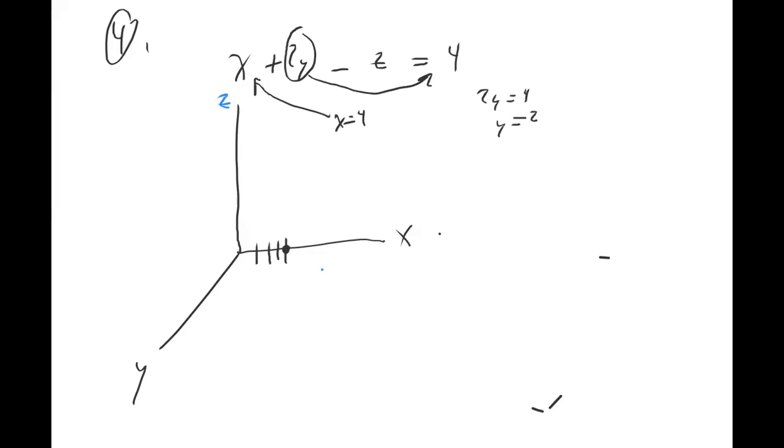So the y-intercept is 2. So 1, 2. Then you look at the z alone, the negative z. So if you say negative z equals 4, then you'll get z equals negative 4. So the z-axis actually goes down below like that. So you go down 1, 2, 3, 4, down to z equals negative 4.